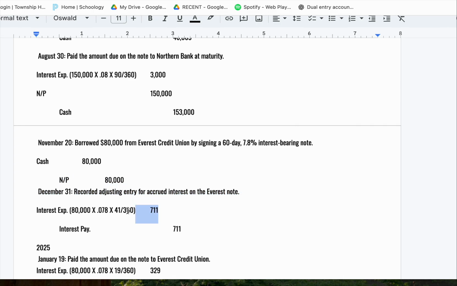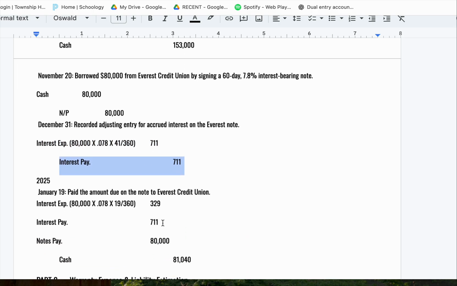And so we need to account for the amount of interest that we incurred during the year 2024. But since we're not paying till 2025, we need to do an adjusting entry. And so we're adjusting for 41 days. So it's the principal, 80,000 times 0.078 times 41 divided by 360, which is November 20th to December 31st. So that is a debit to interest expense and a credit to interest payable.